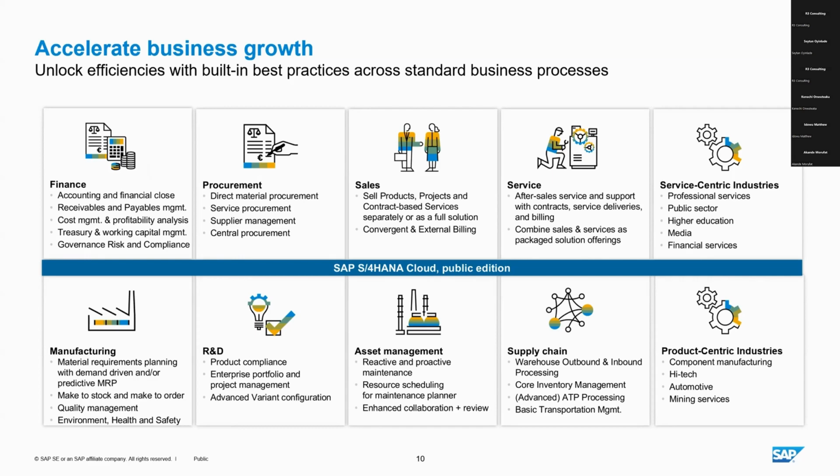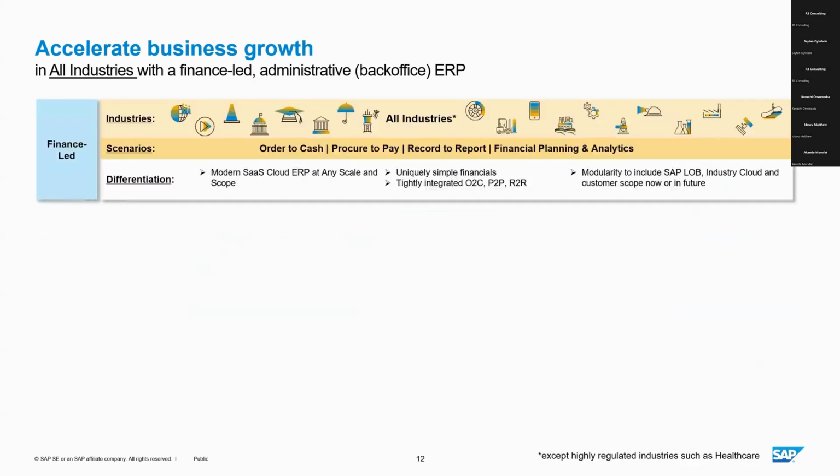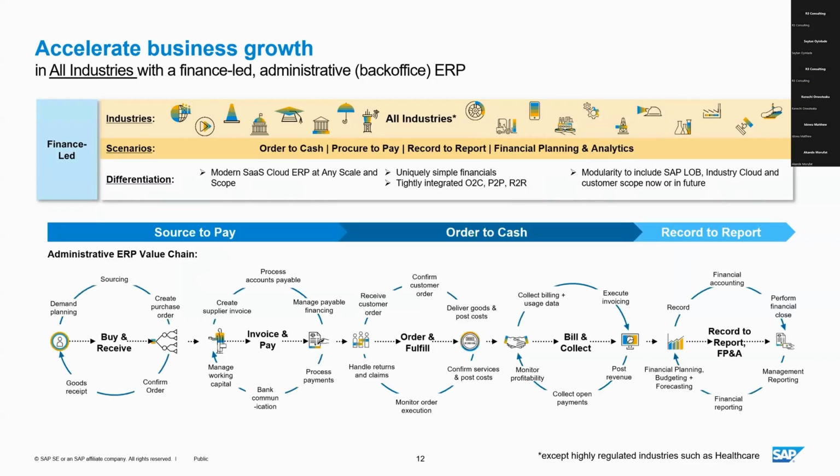So if you look at some of the achievements, KPI, I mean, performance, we've seen a 3 times increase in production efficiency for a production-based company. We have a 20% improvement in production efficiency as well.